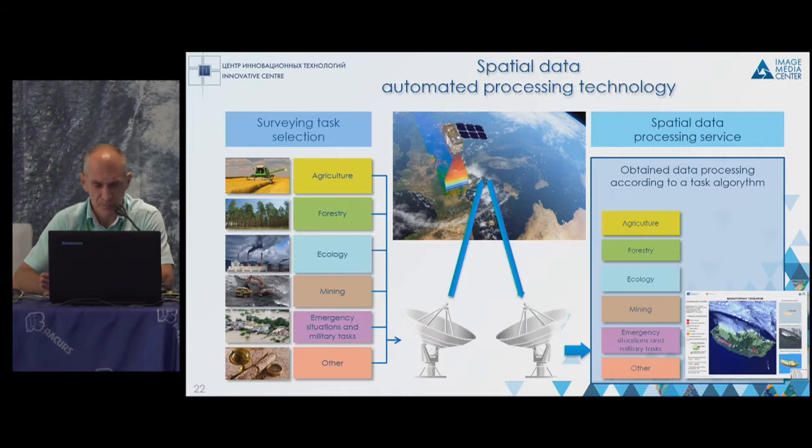It would automatically change the angle of acquisition, change the swath size, choose the spectral bands, and do the acquisition within the spectral bands required for that task. They could be totally different and incompatible with each other, and then the required flow of data goes back to Earth, and the required algorithm processes it without human interference, providing the final report on the result of this work.